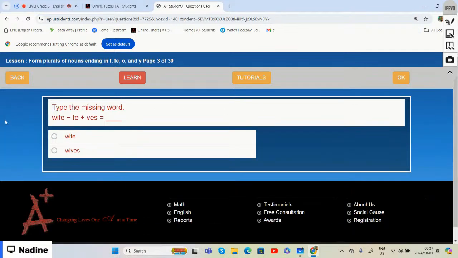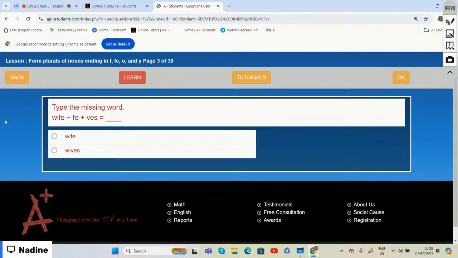All right, the next one. We have one wife. But now the plural of wife, is it option one, wife, or option two, wives? One wife, more than one, or two or more wives.